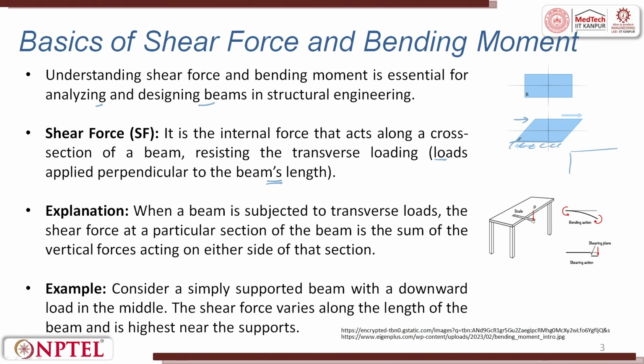In the deck of cards, as I told you, you will have a force which comes from here, and a force which comes from the opposite side. The explanation is, when a beam is subjected to transverse load, the shear force at a particular section of the beam is the sum of the vertical forces acting on either side of the cross section.